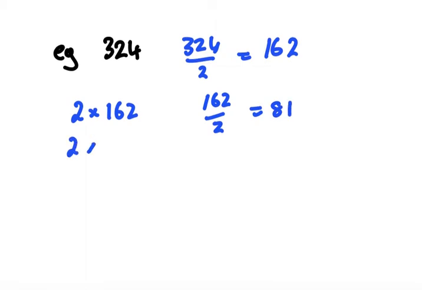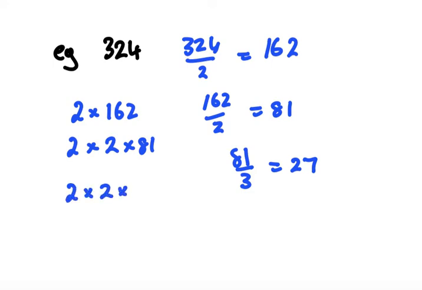So 2 times 2 times 81 is 324. Now 81 is not prime, but I know that 81 can be divided by 3. That gives me 27. And so I know that 2 times 2 times 3 times 27 is 324.